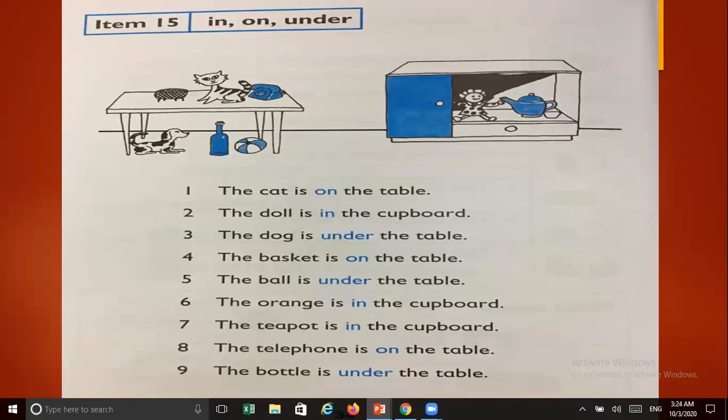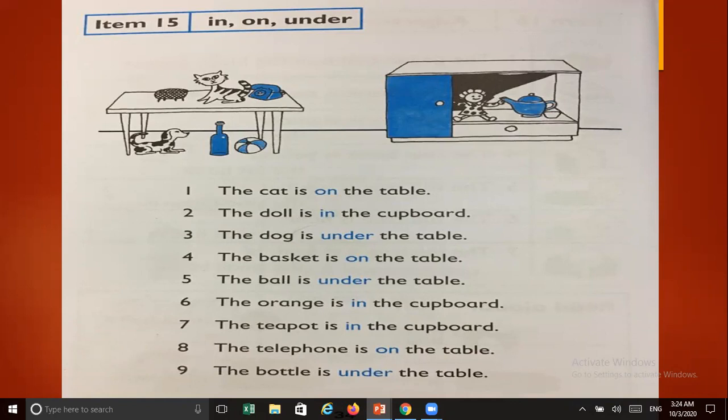The ball. The ball is under the table. Number 6. The orange is in the cupboard. You can see the orange in the cupboard. The orange is in the cupboard.